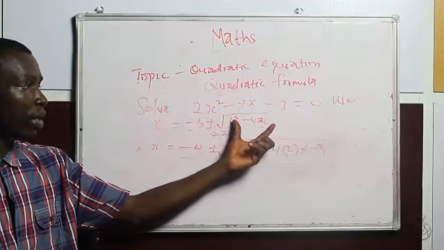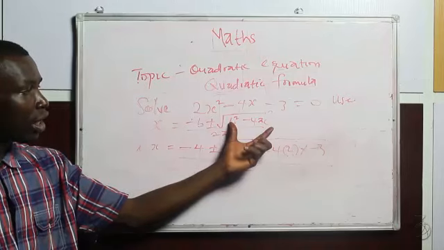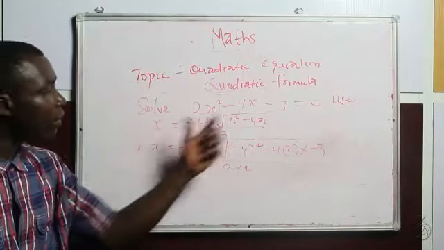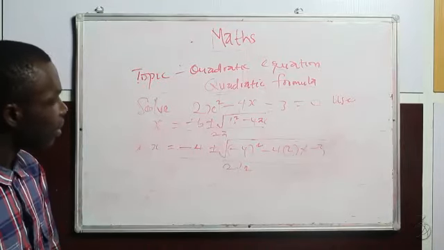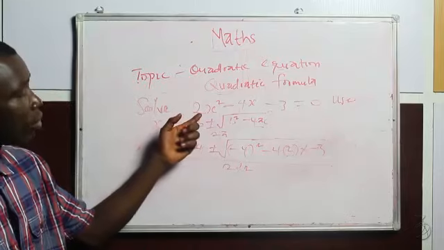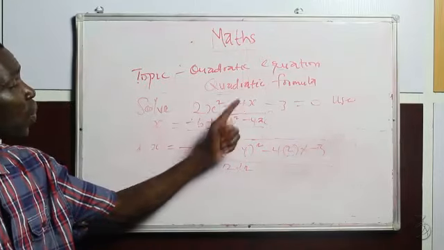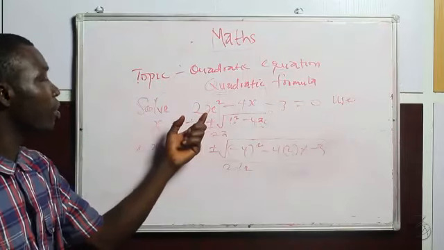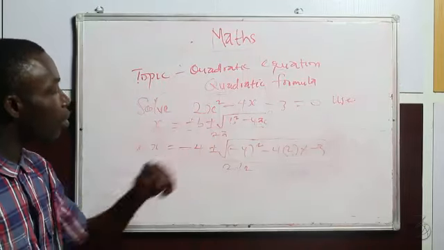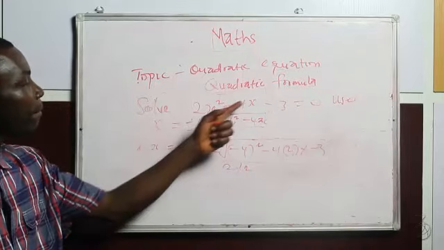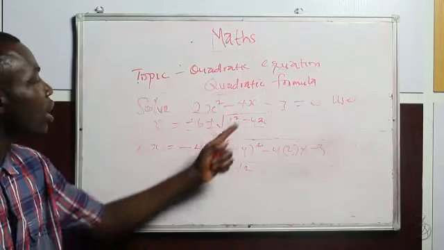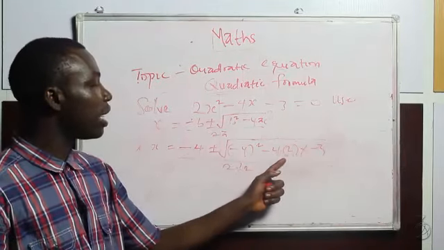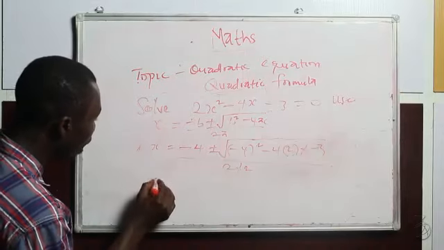This is the quadratic formula used to solve a quadratic equation. Our a, as I told you earlier, is 2. Our b is minus 4. Our c is minus 3. Substitute these values into the formula. x is equal to minus minus 4 plus or minus root of minus 4 squared minus 4 times 2 times minus 3.